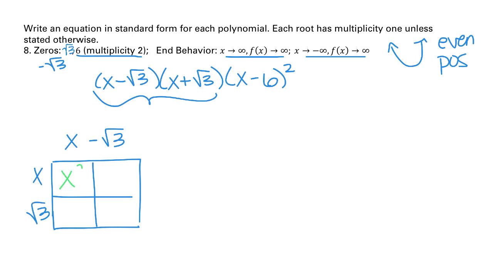So we have x times x, x squared, x times negative root 3, negative x root 3, x times positive root 3, positive x root 3, so those terms will cancel out, they're opposites of each other. And then negative root 3 times root 3: square root of 3 times square root of 3 is square root of 9, which is just 3. So negative 3 would be in that box. These canceled, so x squared minus 3.